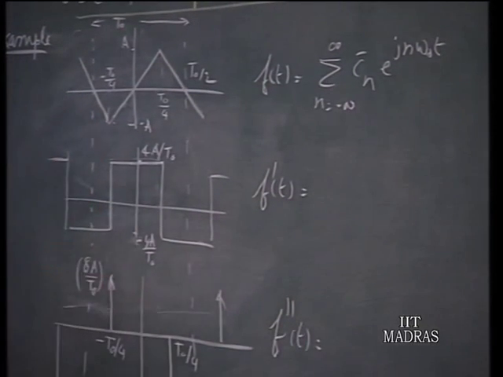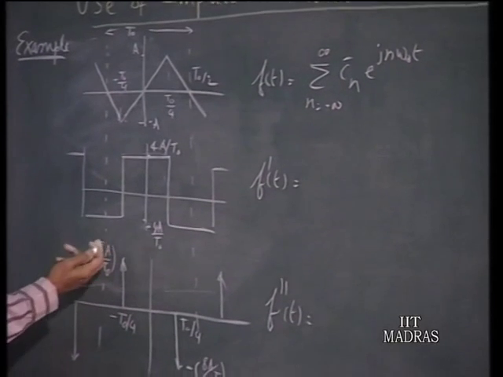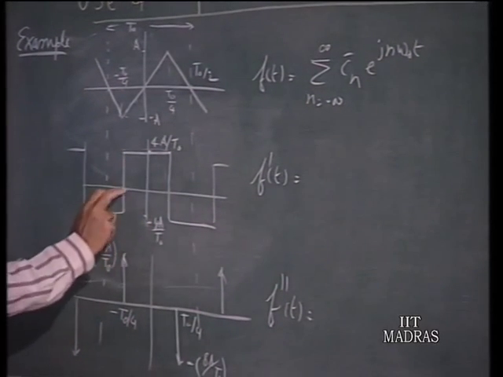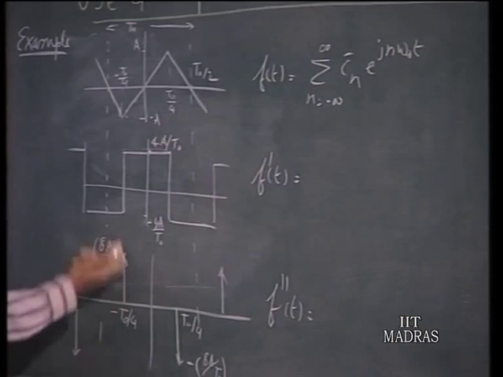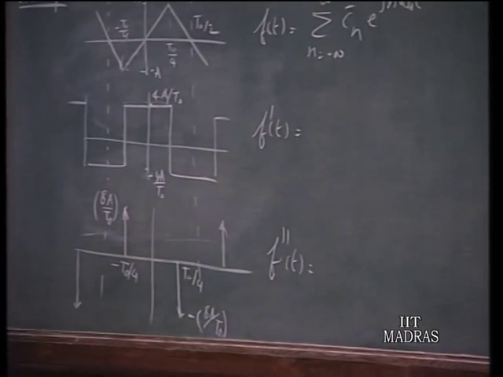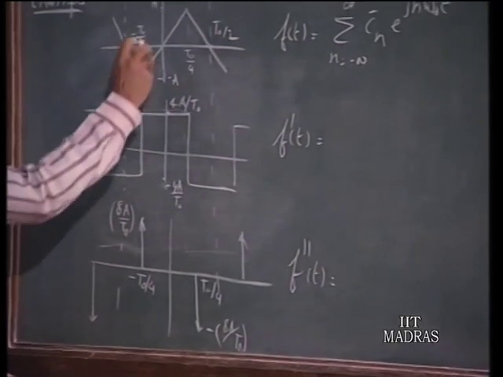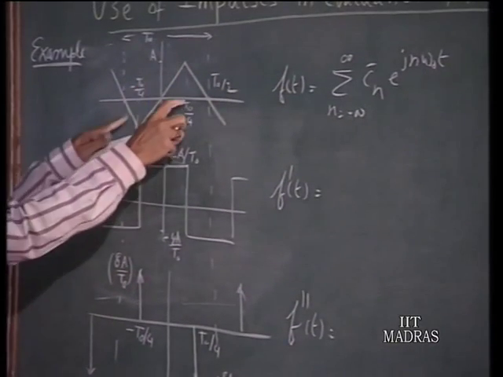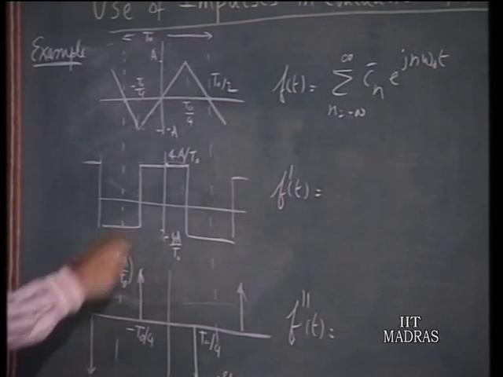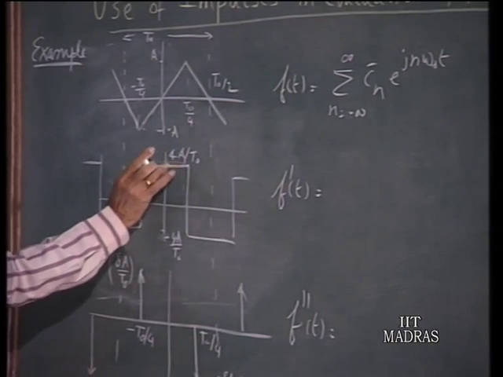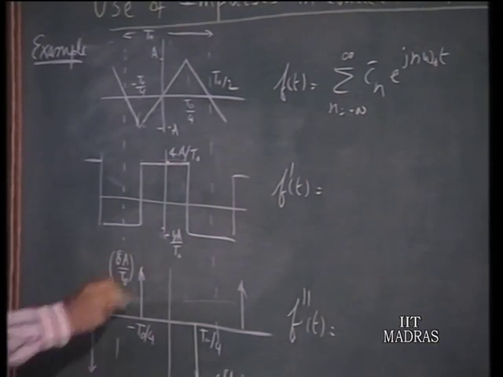The derivative of this now, as you can see, is 0 everywhere except where there is a discontinuity. Therefore, there is an impulse here and an impulse here. And what are the magnitudes of these impulses? The slope here changes by an amount 2a in t naught by 2. Therefore, it is 4a by t naught. That is the magnitude here, and this is minus 4a by t naught.